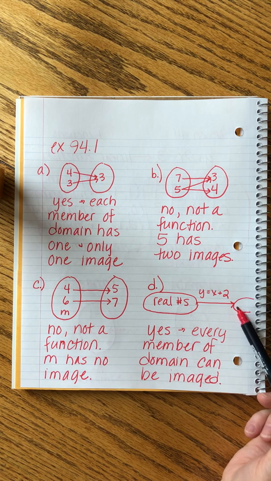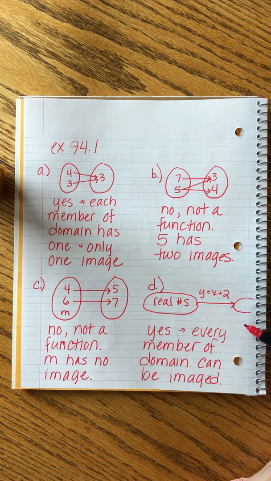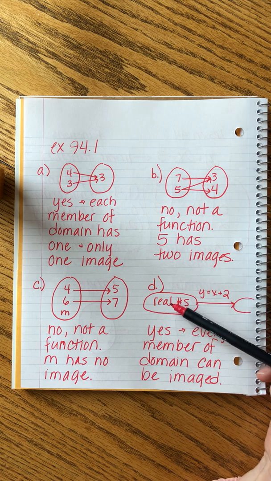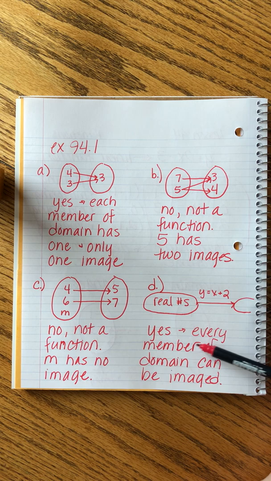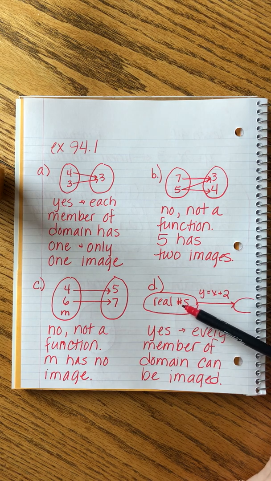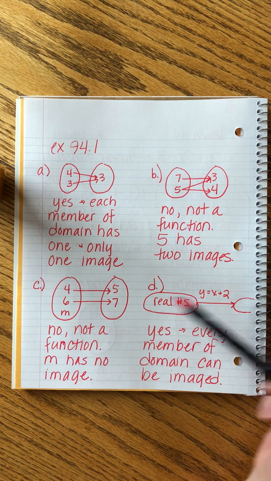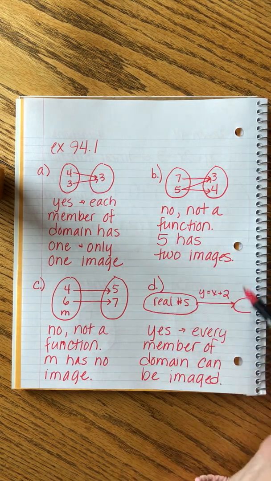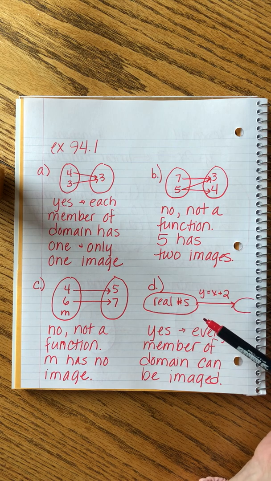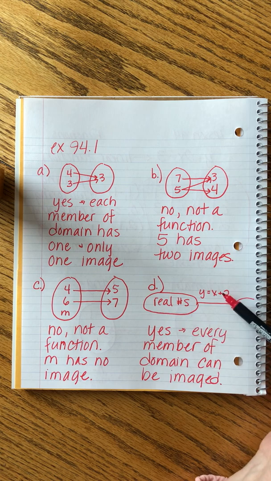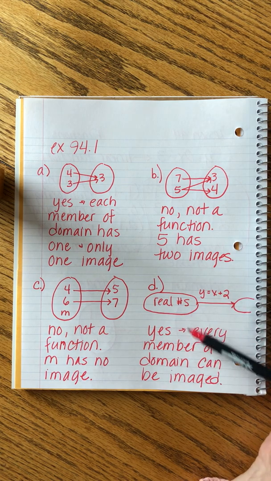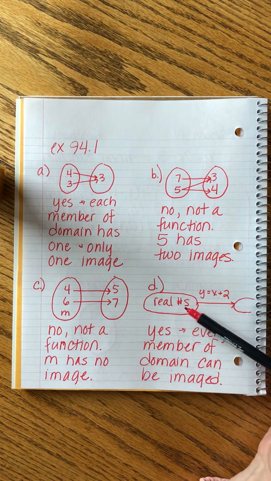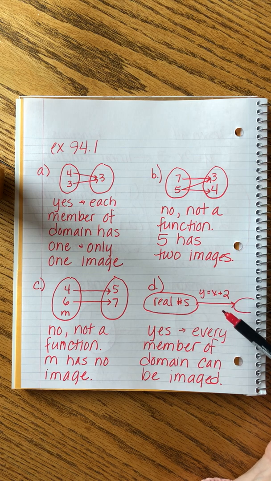We know how to do that. They aren't all listed and shown, but we know how to take real numbers and plug them into this and create their images. Every member of the domain can be imaged. We know how to do it. We just aren't writing out specific examples as we have in these. This is really much more like the way we have thought about functions up till now. We look at the equation and we plug numbers into it. So this is a valid way to diagram a function.